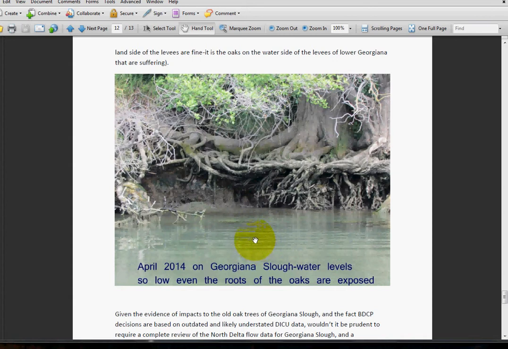The oaks on the water side of lower Georgiana are dying, and it's very sad to see. Notice that on the land side of those same levees, they're not dying. So this isn't a moss or a bug or anything. This is strictly related to a very quick drop of water flow in Georgiana, most likely, and that most likely means water quality is being impacted on lower Georgiana.